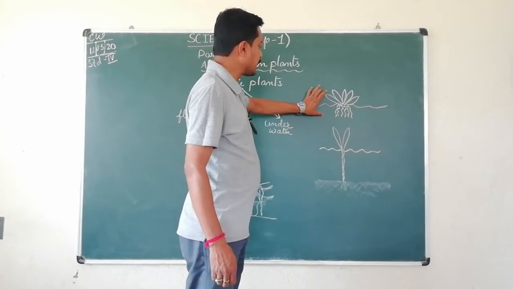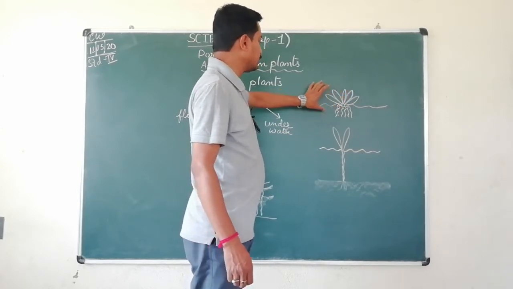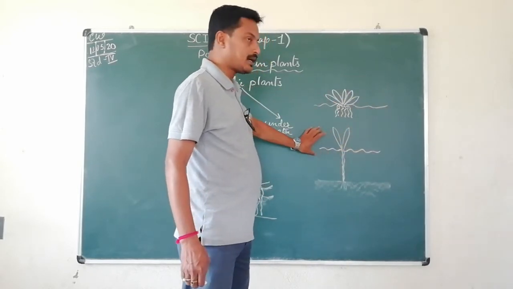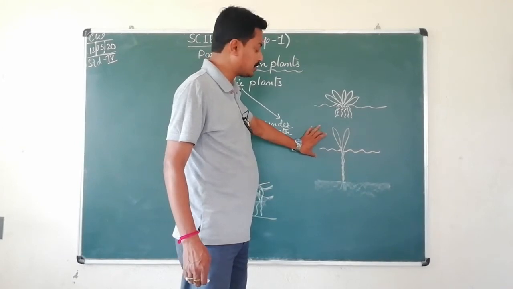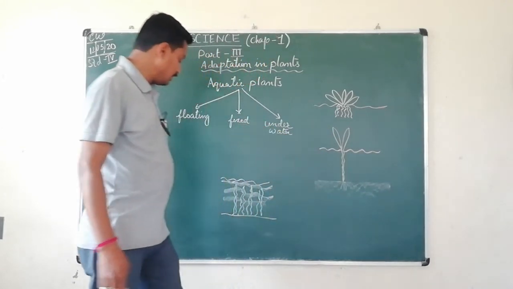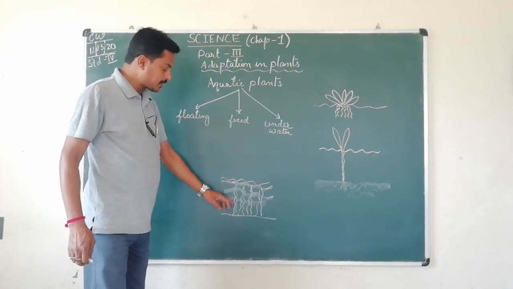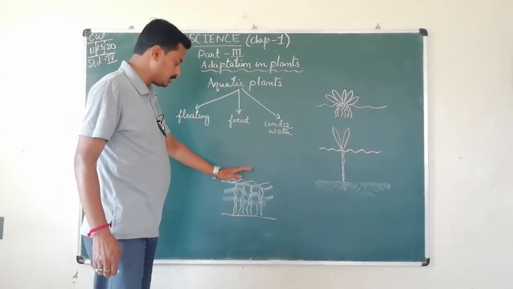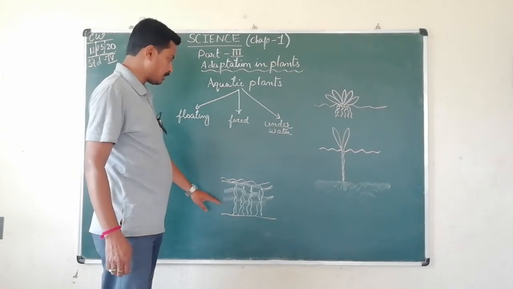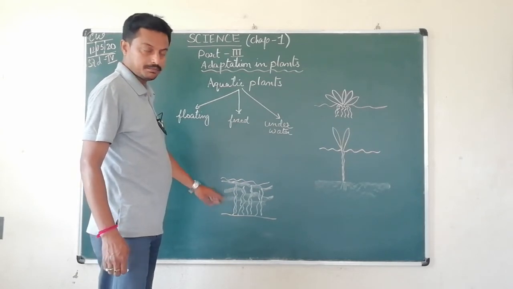This plant can move from one place to another with the help of the water current, but this plant will not move. They are fixed where they grow. And here also the roots are fixed under the bed, but the whole plant is submerged inside the water. These types of plants are called underwater plants.